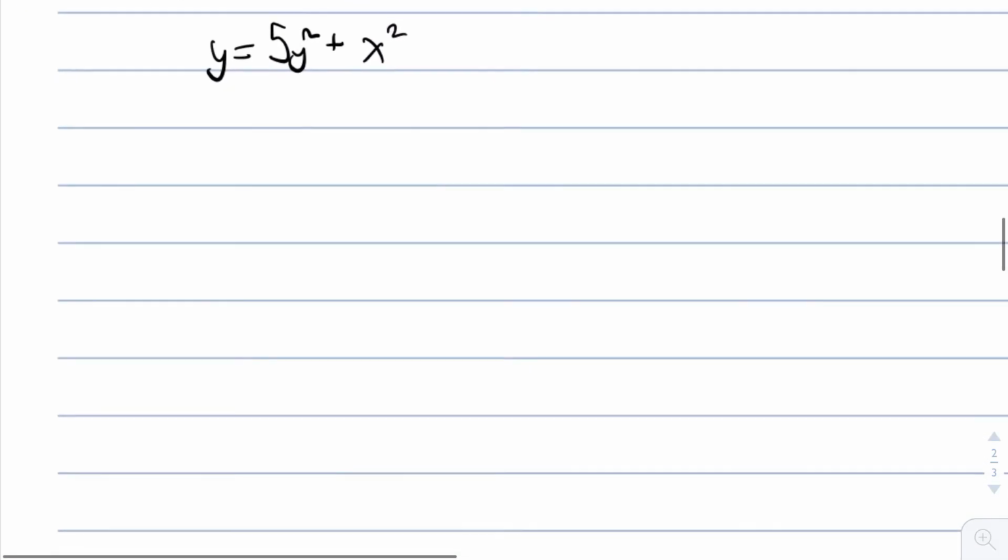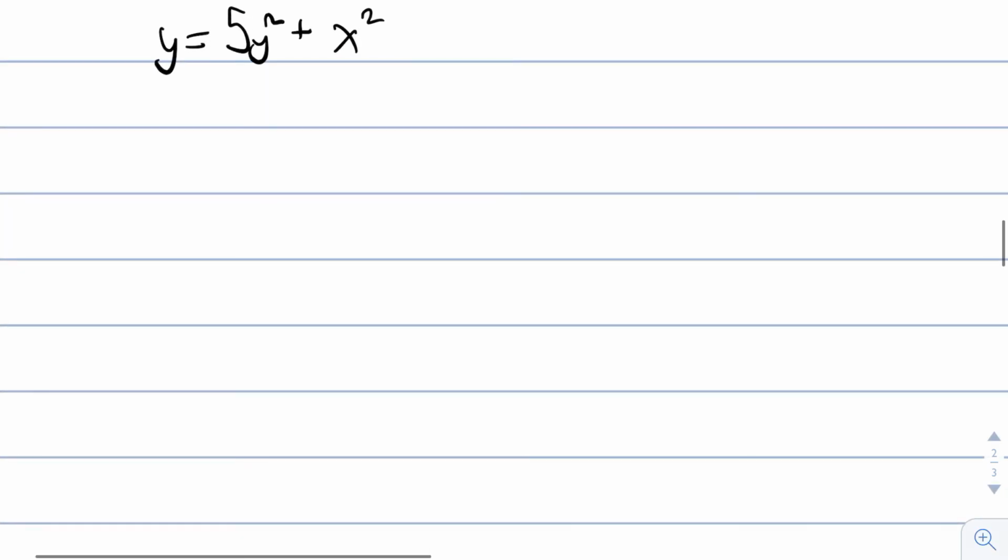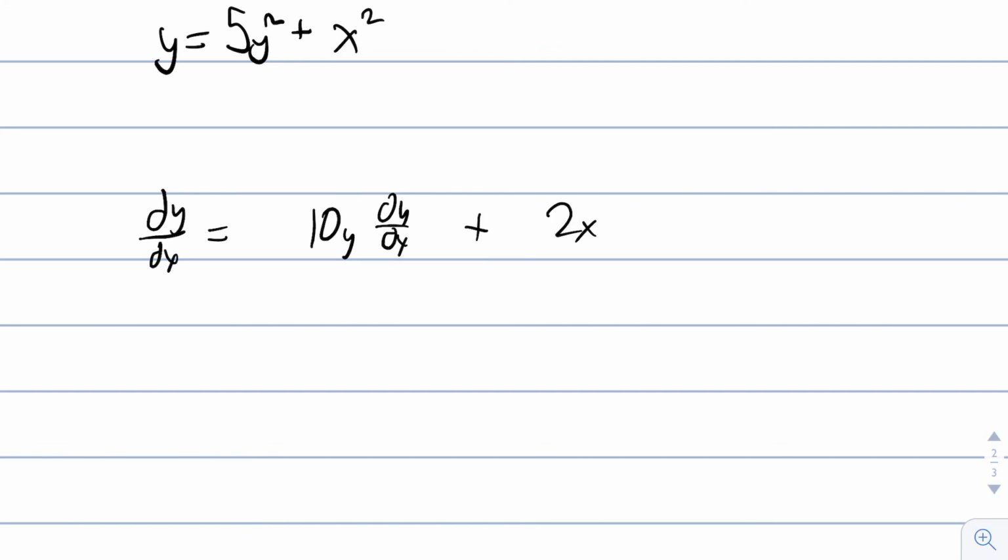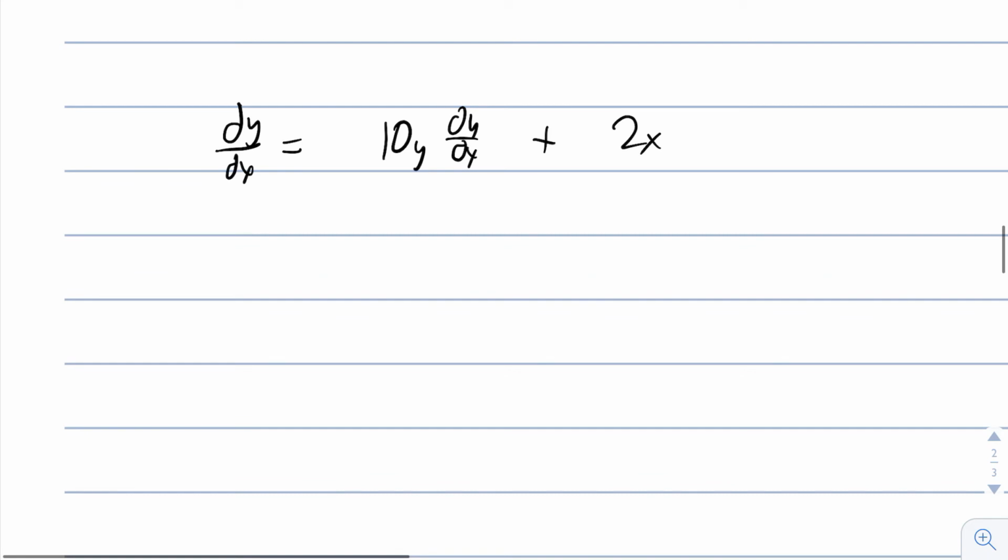And now just to cap it off, something that's kind of like the first one. Just y equals 5y squared plus x squared. Well, how do we do this? So dy/dx equals 10y dy/dx plus 2x. Okay, we got that.